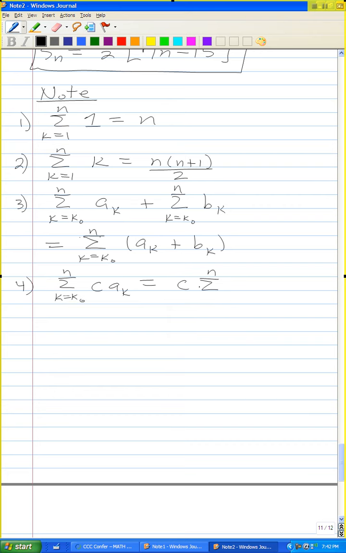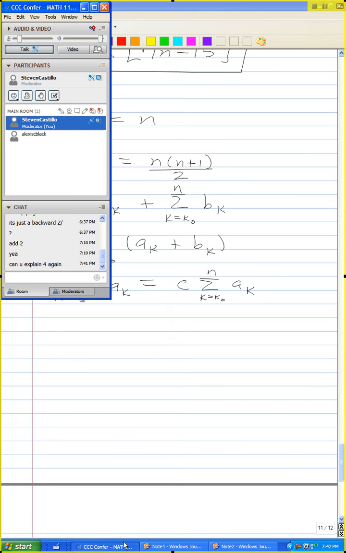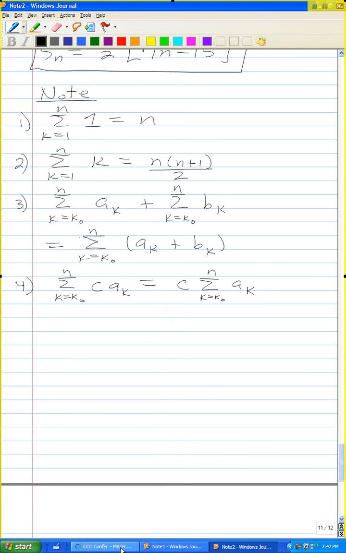Okay, question. Oh, this is just the distributive property. Let me just write it out for two numbers. If you have a constant outside of the summation, you can always bring the constant inside the summation. It's a distributive property.